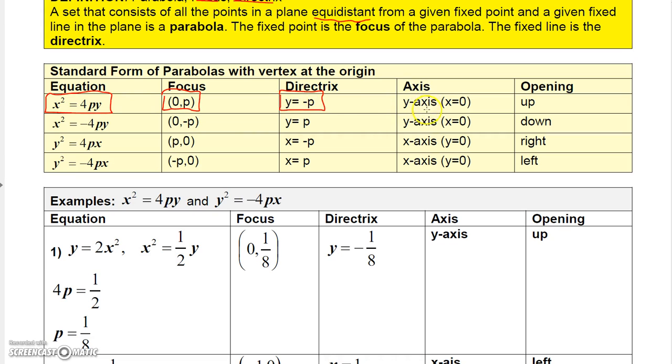And the axis is x equals 0 because the vertex is at the origin, and this would open upward. Now if you had x squared equals minus 4py, in other words, if the constant was negative, then the focus would be the point (0, negative p), and the directrix would be y equals p, and again the y-axis would be x equals 0, but this time the parabola opens down.